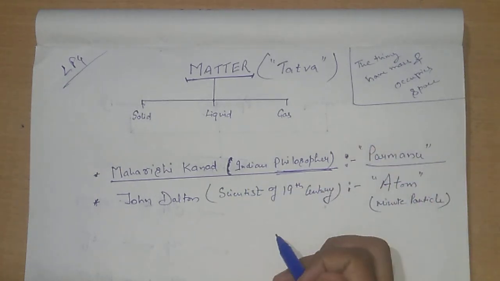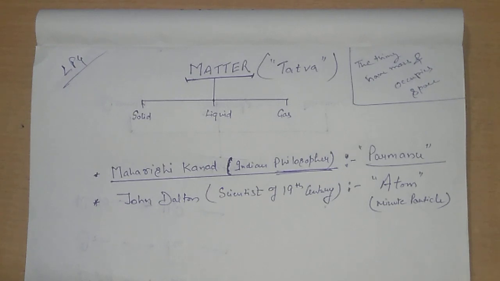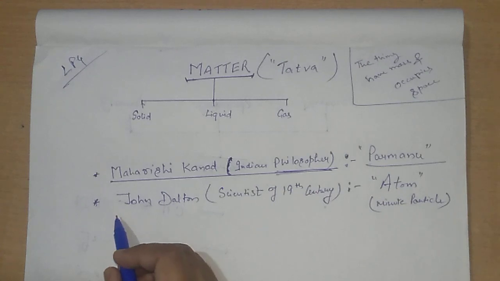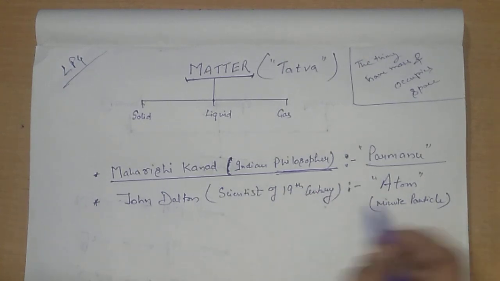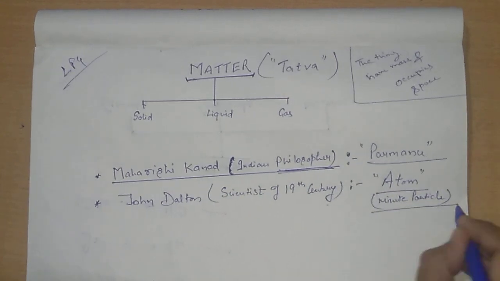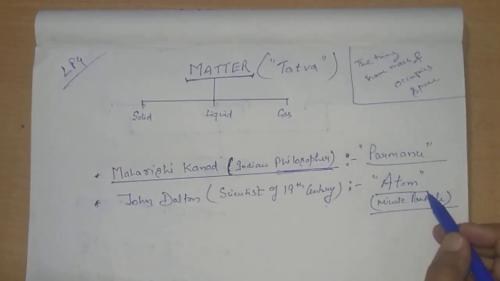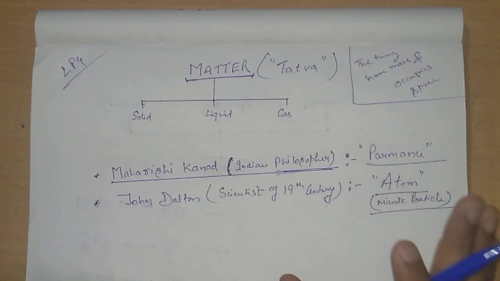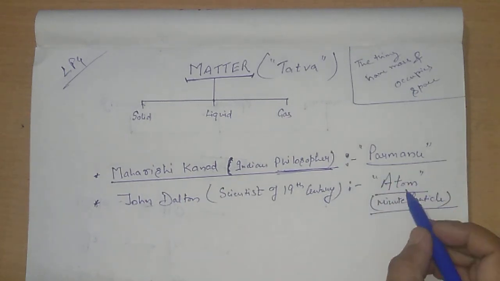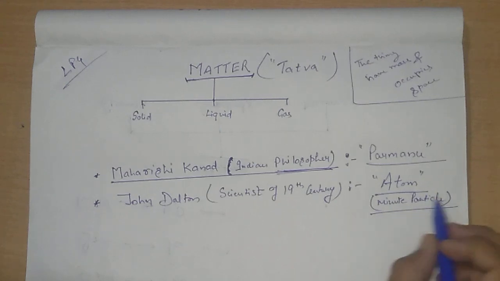After his philosophy, many years later, a scientist in the 19th century, John Dalton, gave the atomic theory. According to Dalton's atomic theory, everything around us is matter, and all things are made up of small minute particles. Clear? And he gave them the name atom.